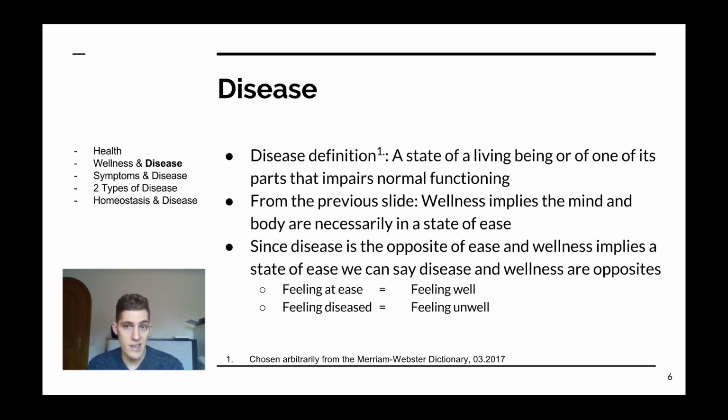And since disease is the opposite of ease, it means that disease just simply means absence of wellness. So feeling at ease is the same thing as saying feeling well, and feeling diseased is the same thing as saying feeling unwell.